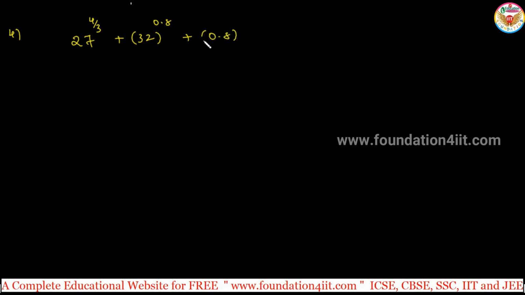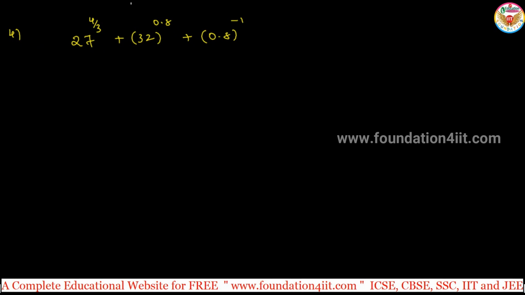Let us see one more question to simplify: 27 to the power 4/3, plus 32 all to the power 0.8, even decimal powers, plus 0.8 to the power minus 1.